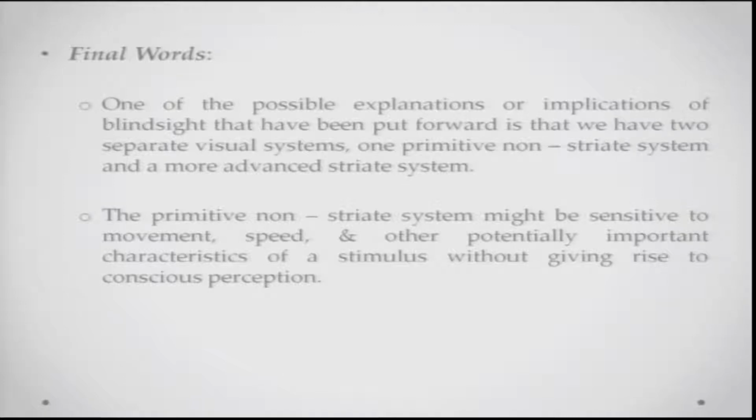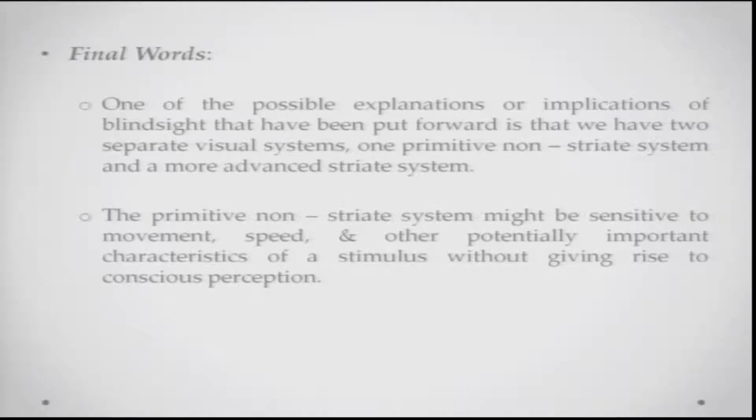Coming to the final words, just coming to what blind sight is about. One of the possible explanations or implications of blind sight that has been put forward is that we have two separate visual systems: one a slightly primitive non-striate system that does not really build upon the striate cortex area, and a more advanced striate system that is the enhanced area wherein we do all kinds of complex calculations.